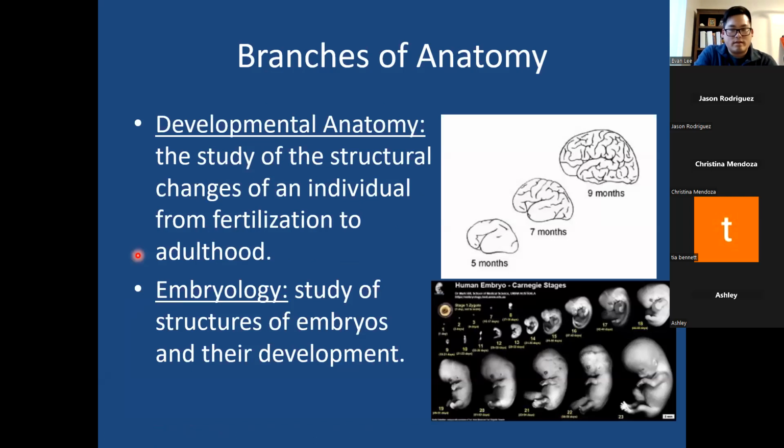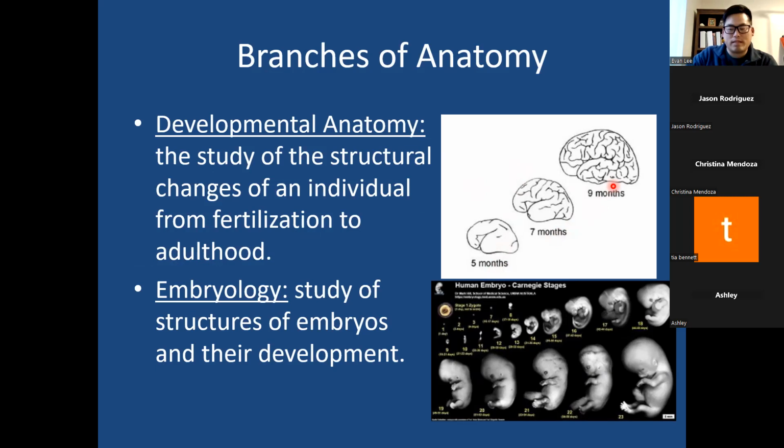Now, a couple of other fields of anatomy: developmental, and then a part of that, which is embryology. Developmental anatomy is anatomy as it changes throughout life. You can see the differences between this brain at 5 months, 7 months, and 9 months. As you can see, it's starting to get bigger and more complex as it gets older and more developed.